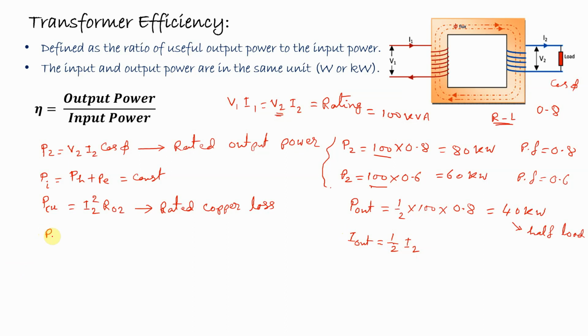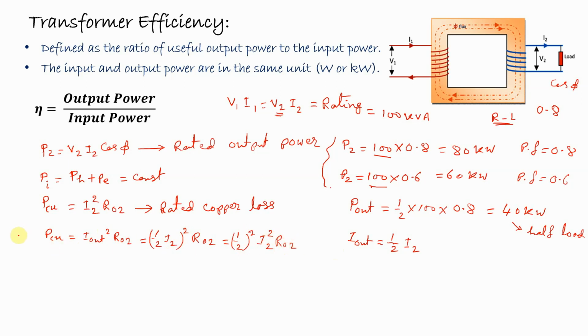And in this case, the copper loss will be equal to the output current square into R02. And the output current here is 1 by 2 of I2, so it is 1 by 2 of I2 square into R02. It can be written as 1 by 2 square I2 square R02.